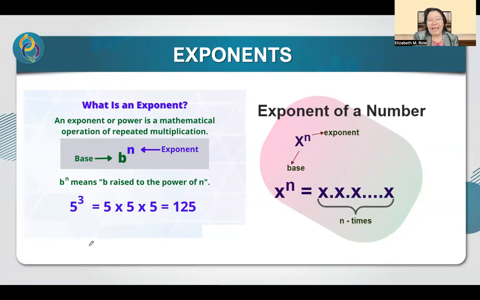So when I have x to the n, x is the base, which can be a number, raised to the nth power, where you multiply x times x times x so many times depending on the value of your exponent n. For example, 5 cubed means 5 times 5 times 5. So we call them the base and the exponent.